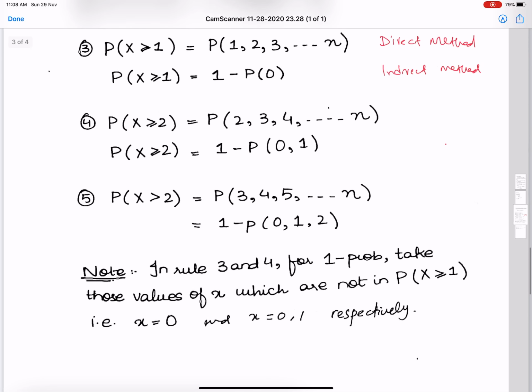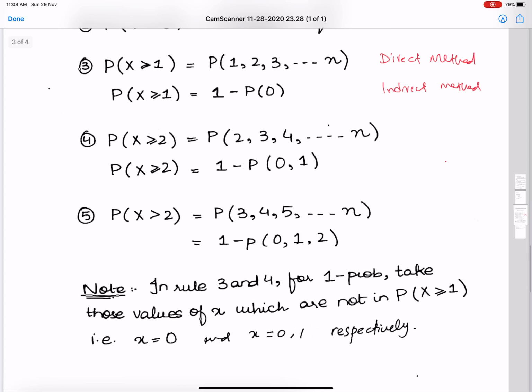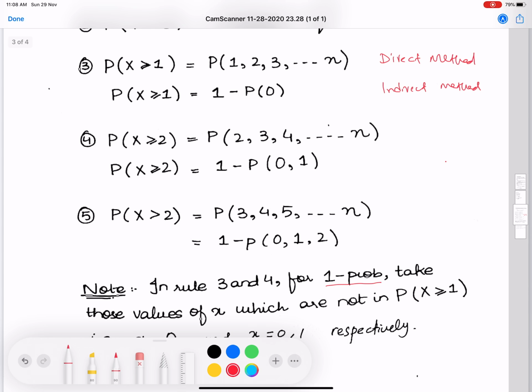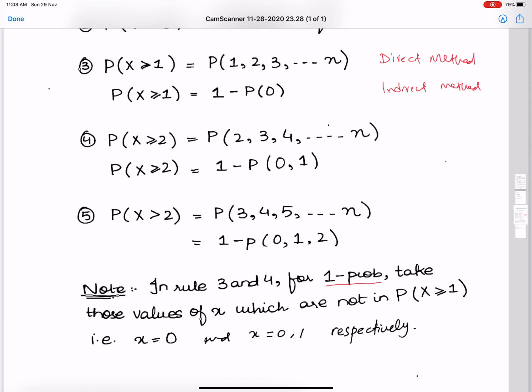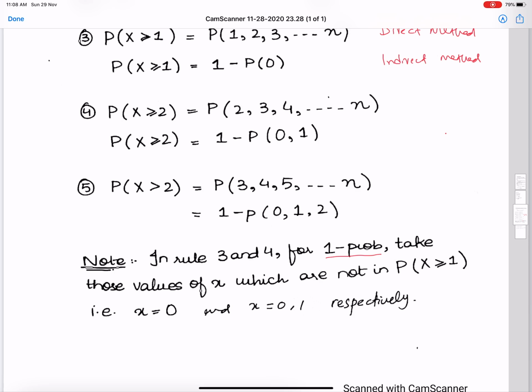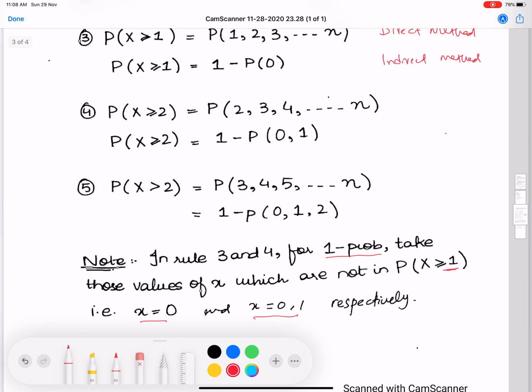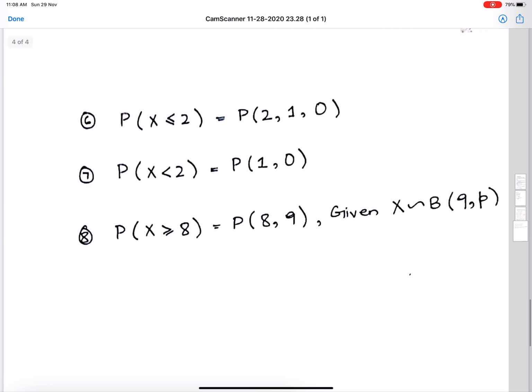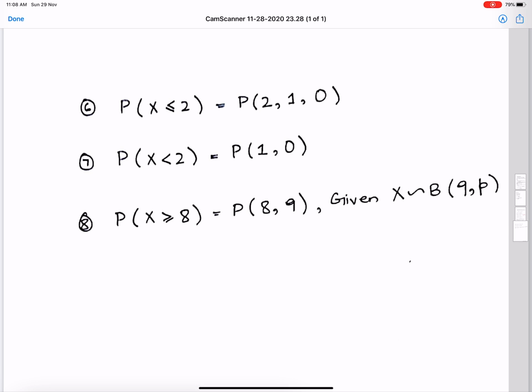In rules 3 and 4, for 1 minus probability, take those values of x which are not in probability x greater or equal to 1, that is x0 and x01. I already have explained these things in detail while explaining the rules. This is very simple and you have to use this method only.